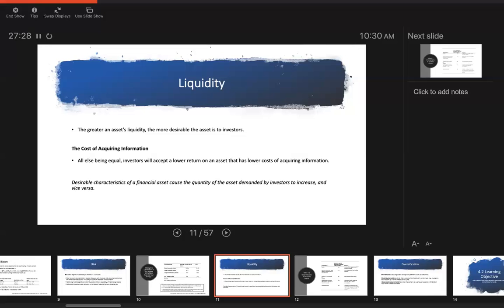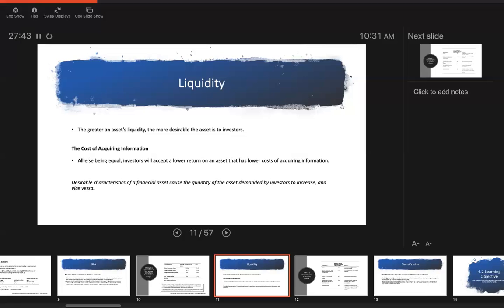It takes up a lot of human resources to do all of that. So generally speaking, all else being equal, investors will accept a lower return on an asset that has a lower cost of acquiring information, because the cost of acquiring information is going to eat into the returns that you might get from the asset, right?